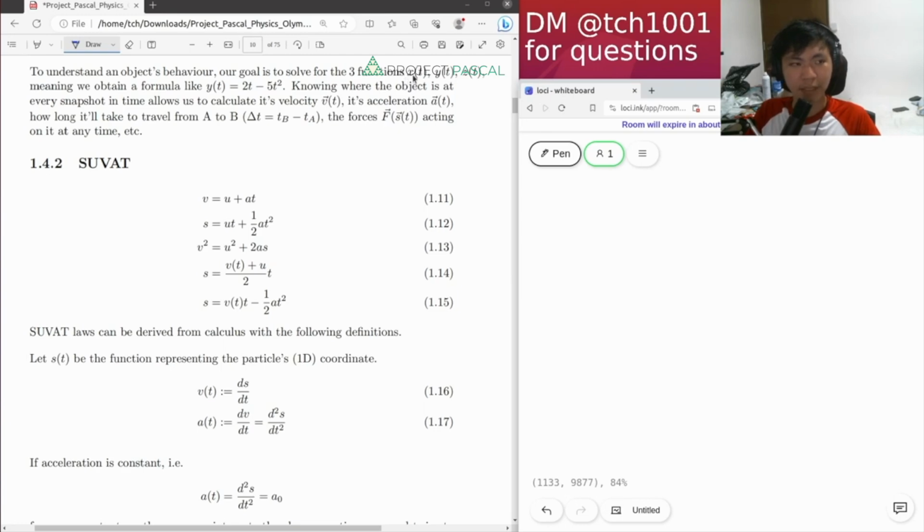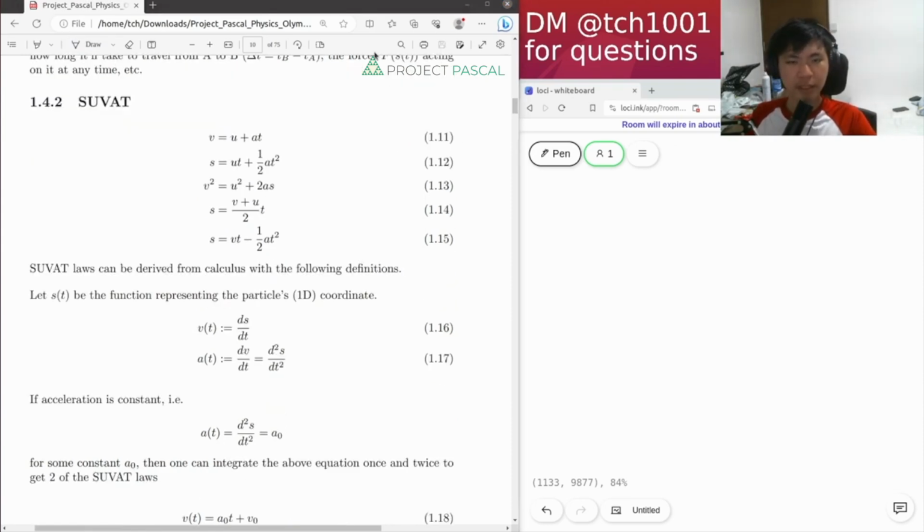And the reason is because if we know where an object is at every single point in time, we have essentially solved for everything we know about the object's behavior. Right? If we know the functions x of t, y of t, and z of t, we know exactly how the object moves. Now, the information most physics Olympiad problems will give you is quantities like forces acting on the object, or the object's velocity, or the object's acceleration. And it's our job to convert these pieces of information into the position over time.